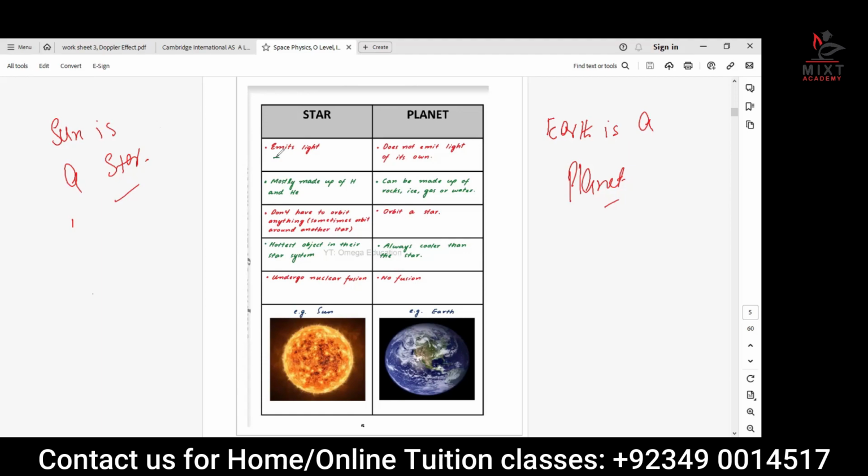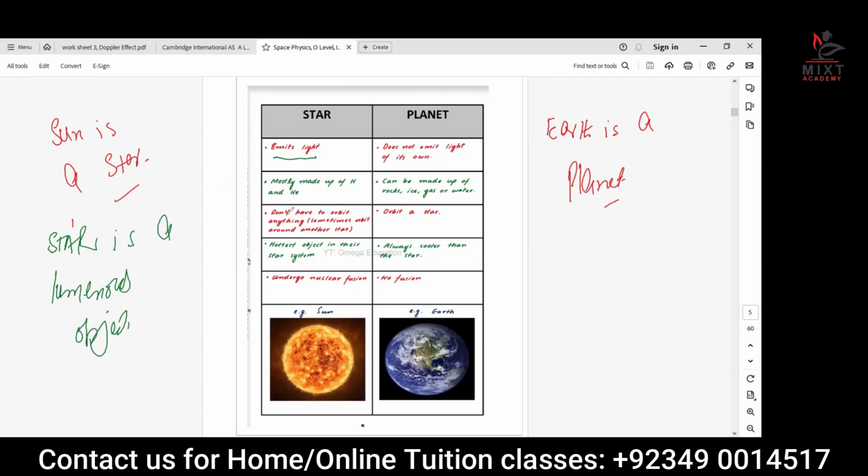So we can consider star as a luminous object, whereas planet is a non-luminous object.